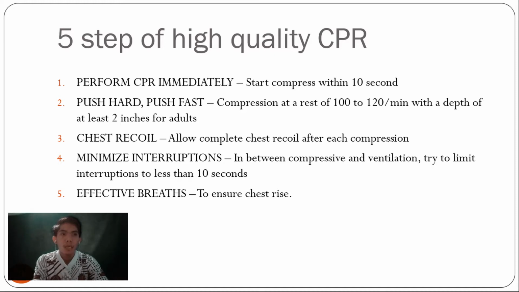The next step is chest recoil, and the fourth step is to minimize interruption in between compression and ventilation. Try to limit interruption to less than 10 seconds. And the last step is effective breaths.